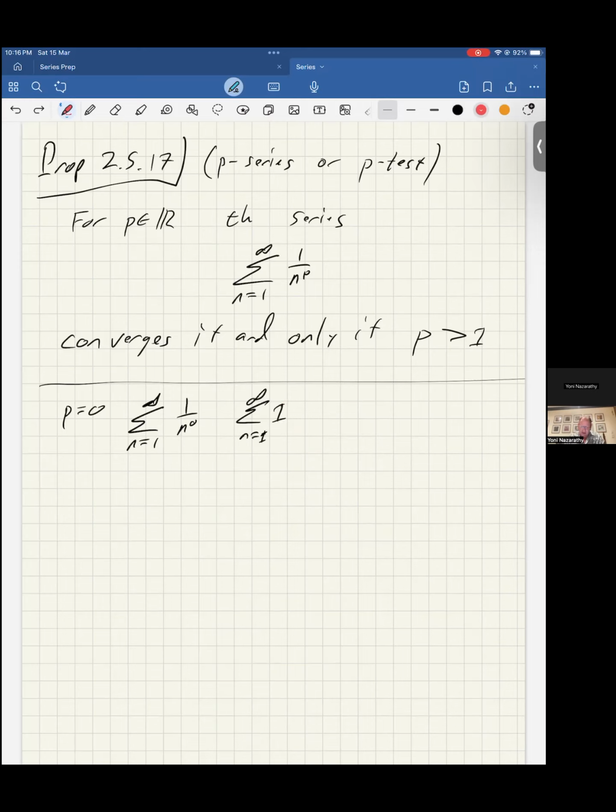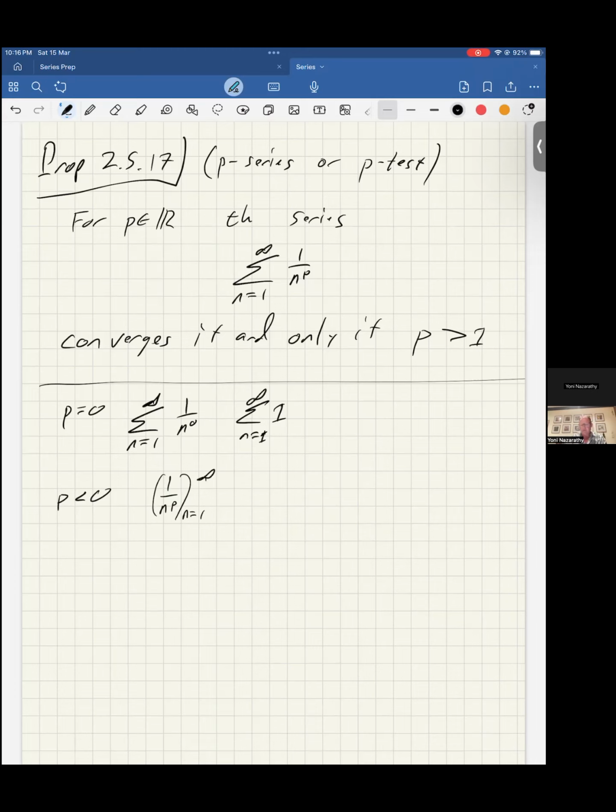Take p negative. So then the sequence 1 on n to the p, for n going from 1 to infinity, is actually an increasing sequence, right?